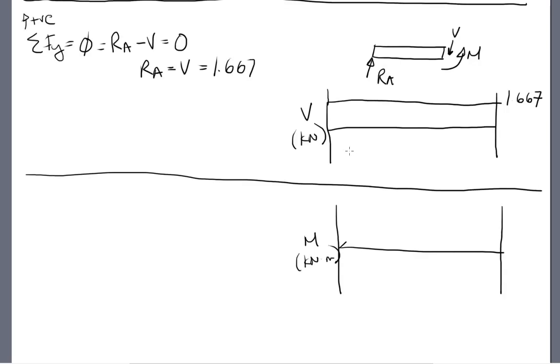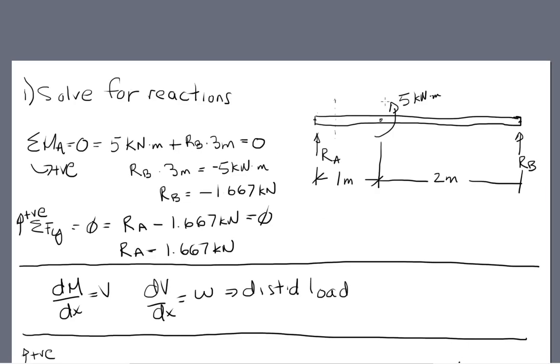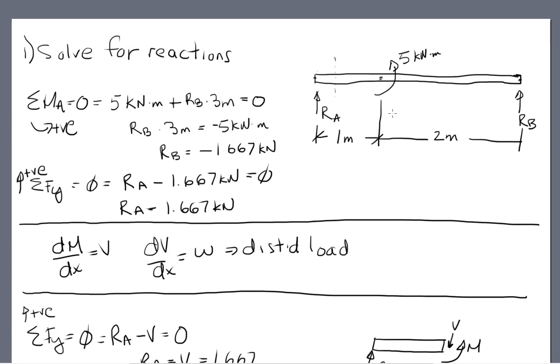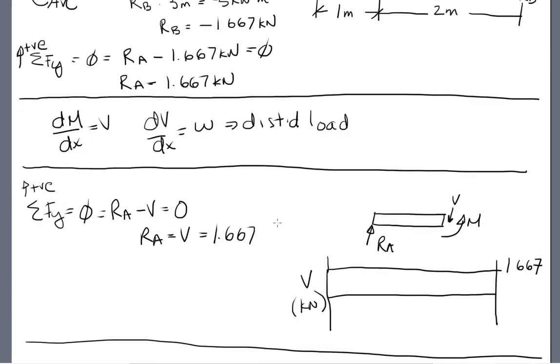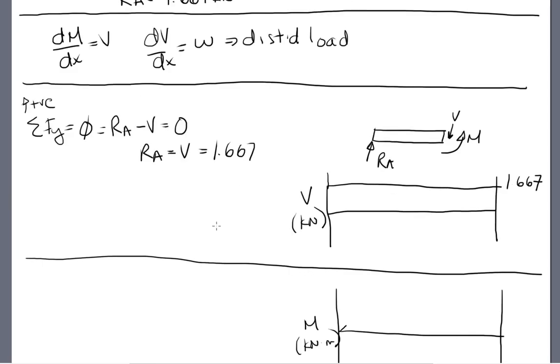Now that's going to have to change at an applied load. Whenever you have an applied load, as I talked about in class, you need to solve for it by section because you're going to get these discontinuities when this load comes into effect. So up to 1 meter, we're going to have a slope of 1.667. Let's call this your 1 meter point.